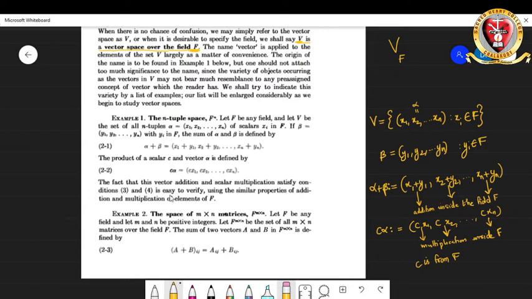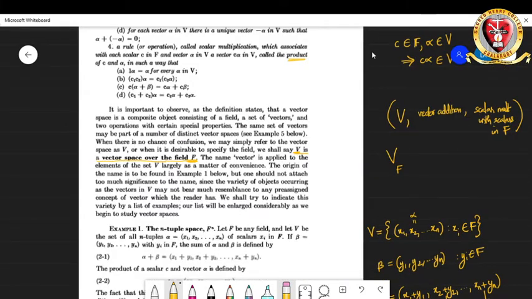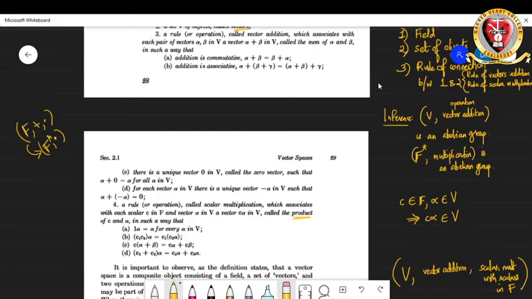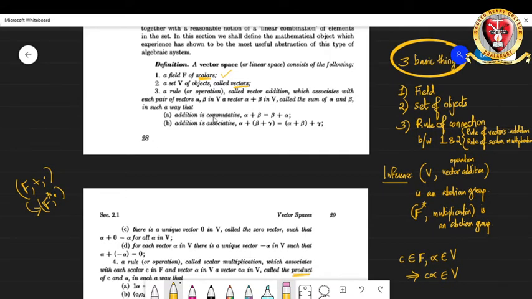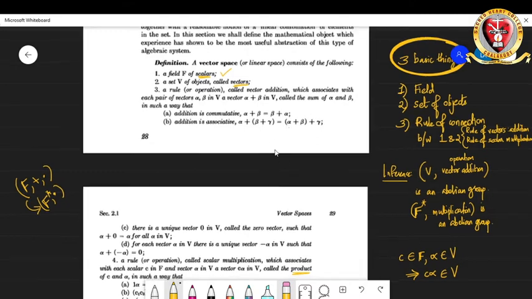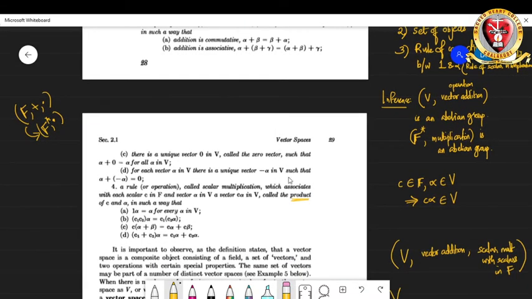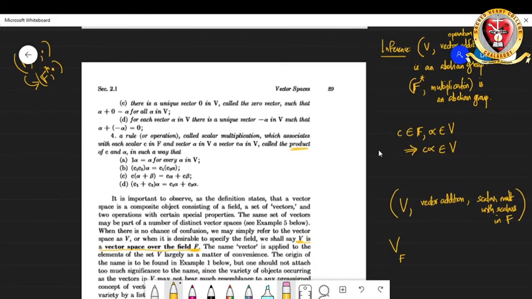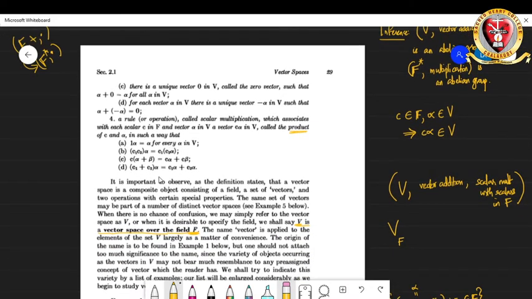Now what do we have to check? That this vector addition and scalar multiplication satisfy the conditions that we mentioned earlier. That is a basic verification of whether the addition is commutative, associative, whether there is a zero vector, whether there is an inverse for every vector, and these four properties.